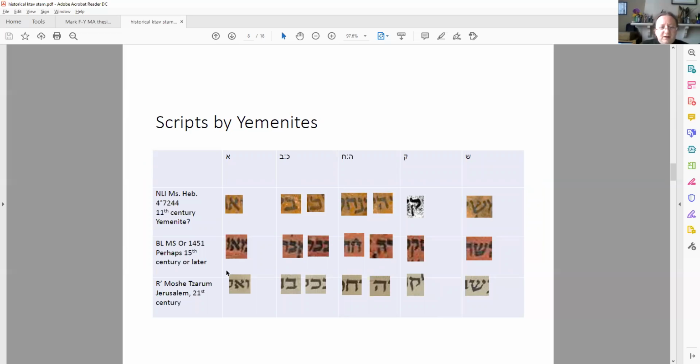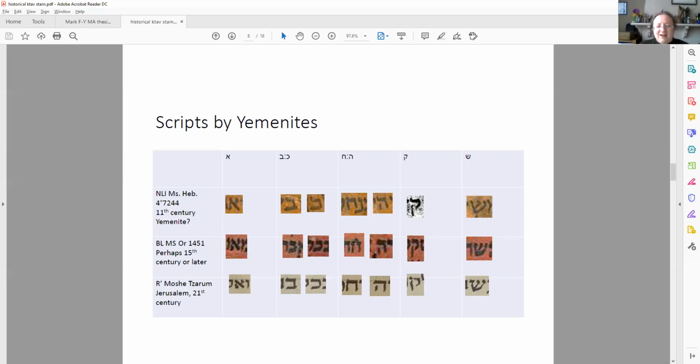They all have this aleph that Ashkenazim today wouldn't like, because again, he's bending his knee forward. In the middle-range one, it's somewhat difficult to tell the difference between bet and kaf. In the top one, it's also difficult-ish.